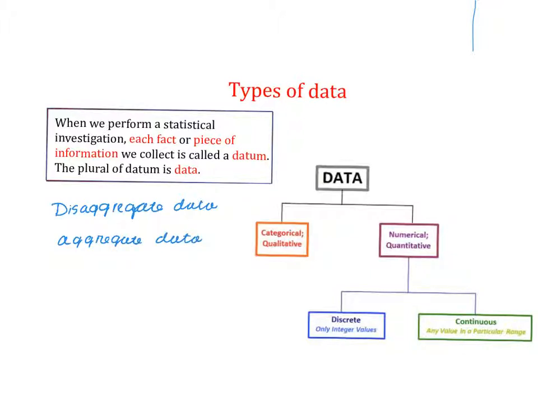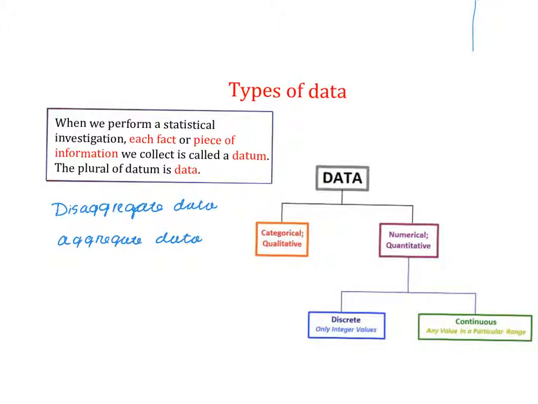When you do your research, in college especially, you're going to be dealing with statistical analysis, and specifically you're going to be looking at two types of data, disaggregate data and aggregate data. When I got my master's in teaching, that's one of the things that I did.